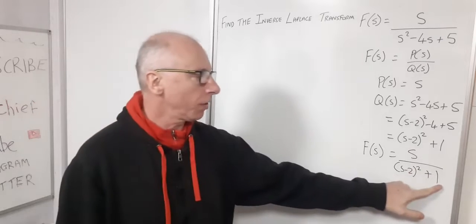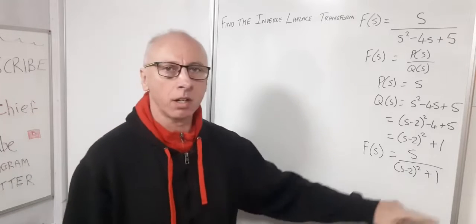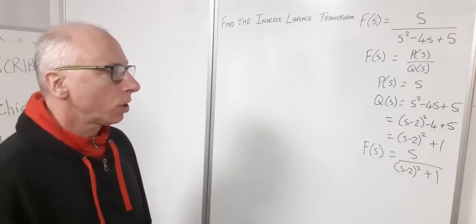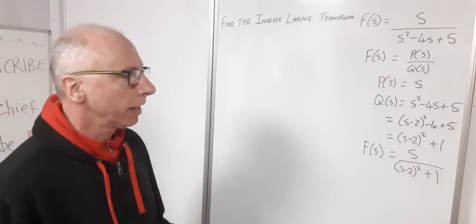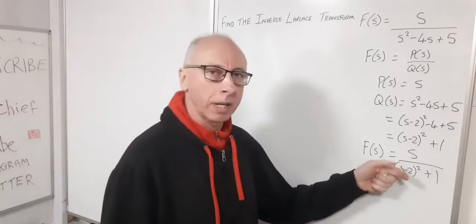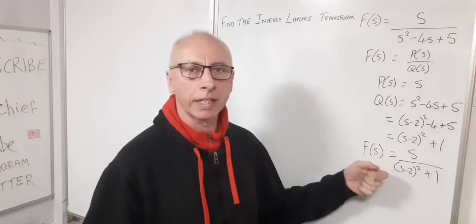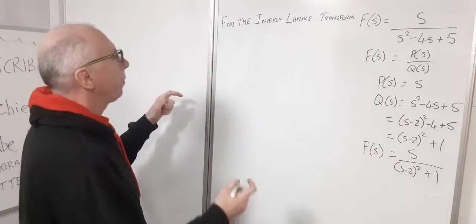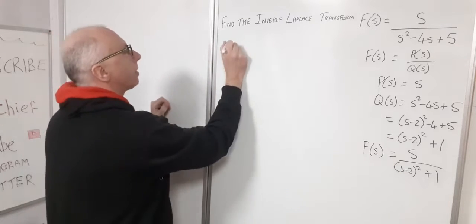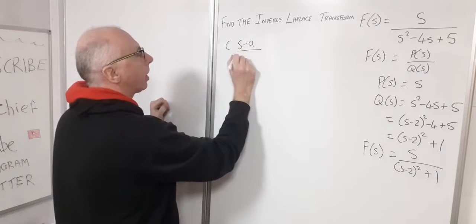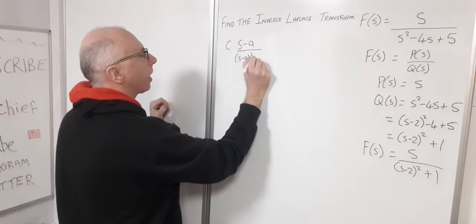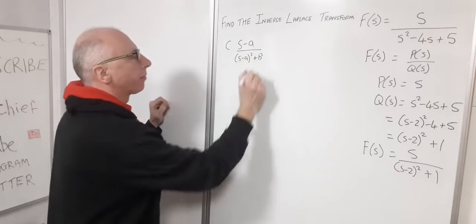Now, when we've got this kind of format in our denominator, there are a couple of standard inverse Laplace transforms that we can apply, and hopefully we can manipulate this equation somehow and get to use them. So the first one is c times s minus a over s minus a squared plus b squared.